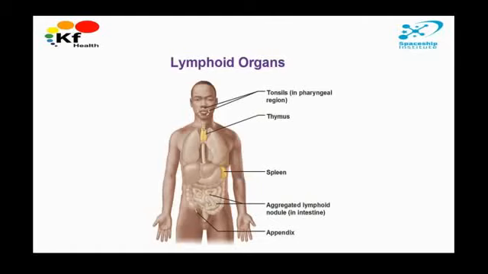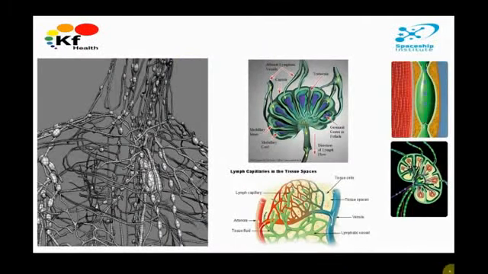Then in the next slide, you are able to see the structure of the lymph system. It's actually the lymph vessels, they are like tubes. And along those tubes, you have lymph nodes. This is slide number 8, on the left side of the slide. They're actually like highways of the lymph.